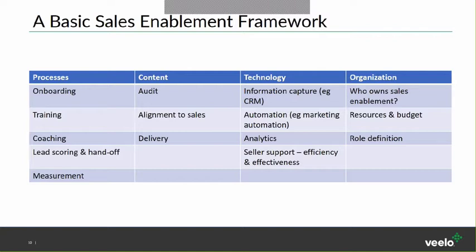There's resource and budget. Your prioritization is going to help this. You're not going to be able to do everything you want to do, so prioritize based on whatever resource and budget. And then define roles. In the role definition, if you're lucky enough to have, say, a product marketing team delivering content, a sales enablement team, and the sales organization, each one of those organizations should be involved.